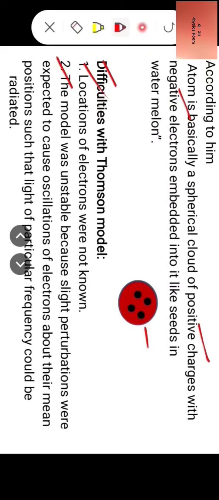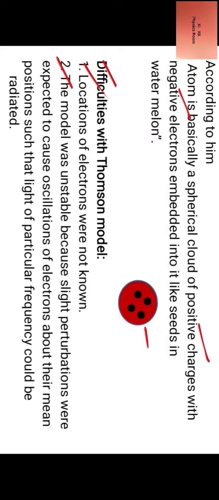And second, the model was unstable because slight perturbations were expected to cause oscillations of electrons about their mean positions, such that light of particular frequency could be radiated.